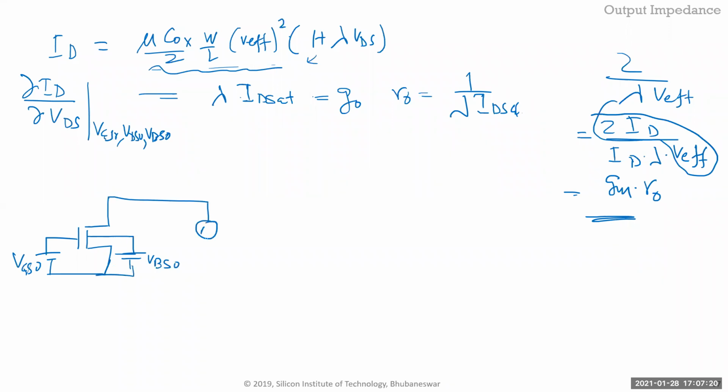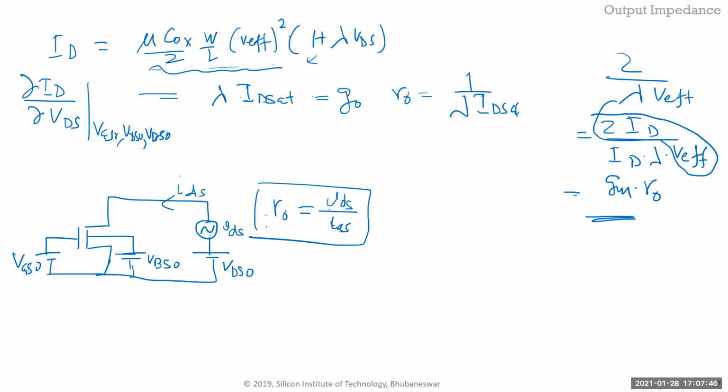Then we applied a small signal on the bias voltage VDS0, and we are finding out what this ID is. So VDS over ID, that's your R naught, right? That's what we calculated right now. VDS over IDS, let's say. So that's a small signal parameter we calculated.